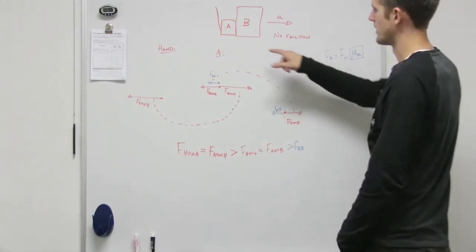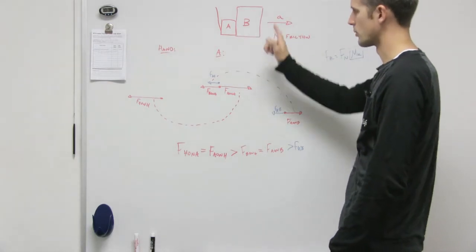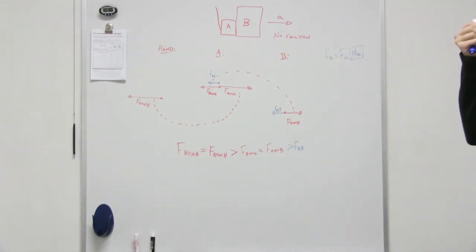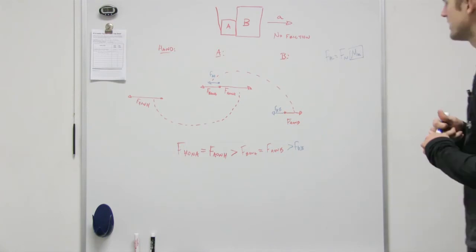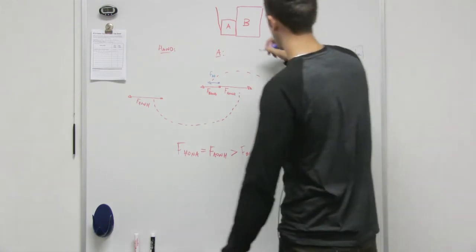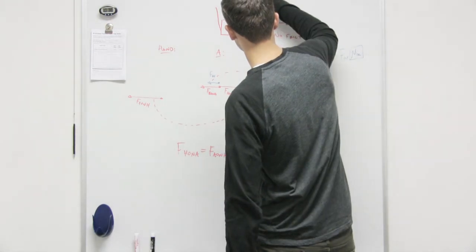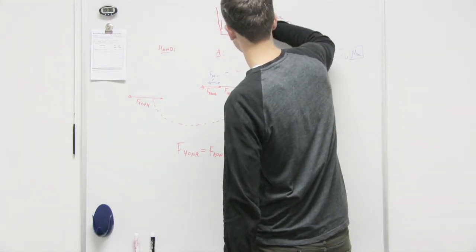Well, we're just talking about the blocks themselves. So the normal force would be vertical. Would they be the same? If you did the free body diagram for them, the only vertical forces you'd have are mg and the normal force on each of them.